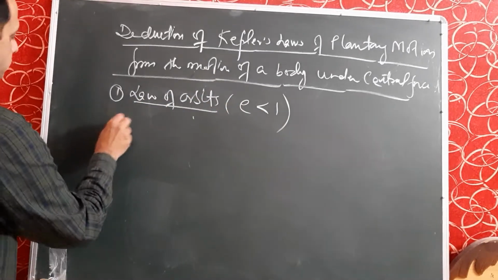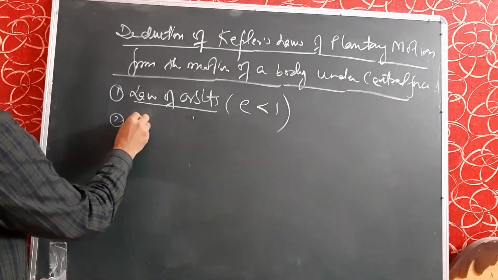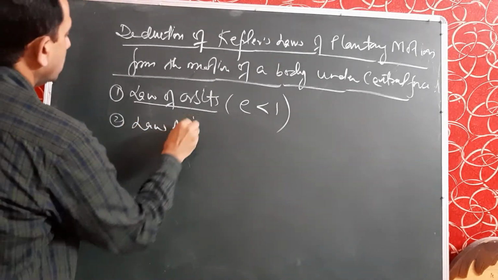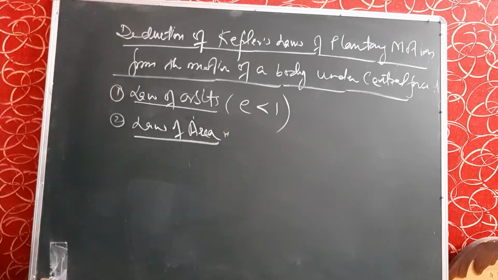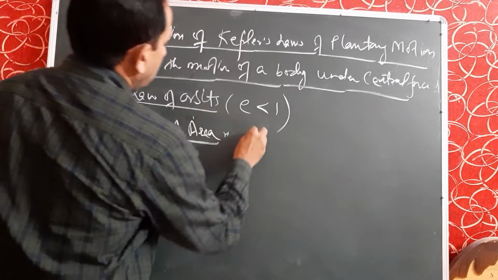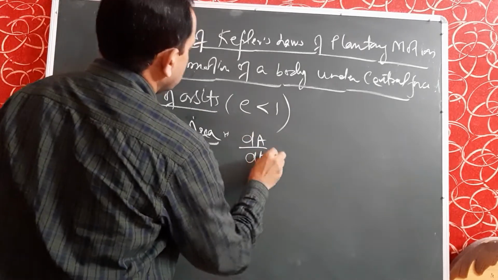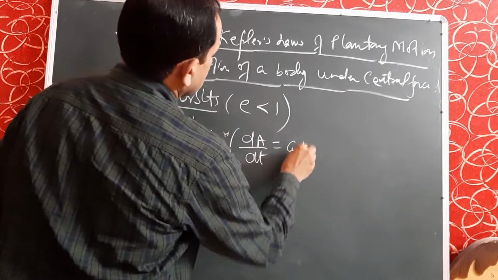And the second law is the law of area. What is the second law? The line joining the planet and the sun always sweeps equal area in equal intervals of time, or we can say that the area traveled by the line joining the sun and planet is always constant.